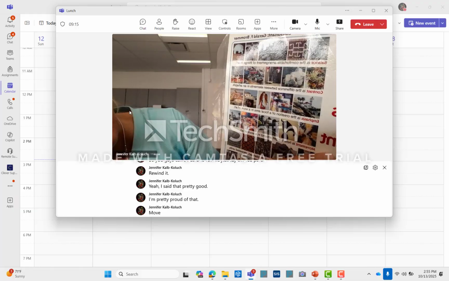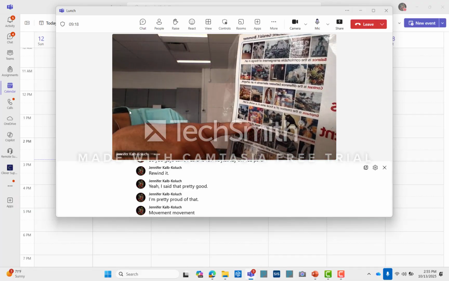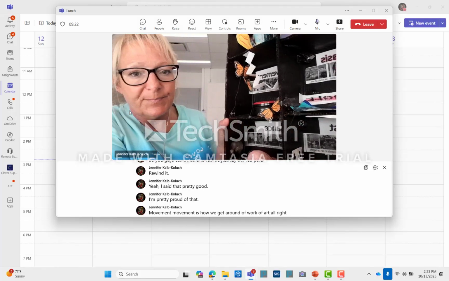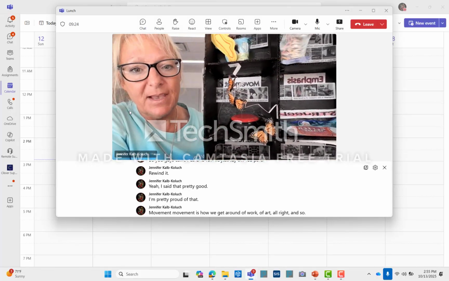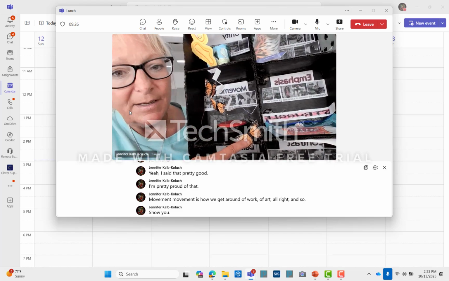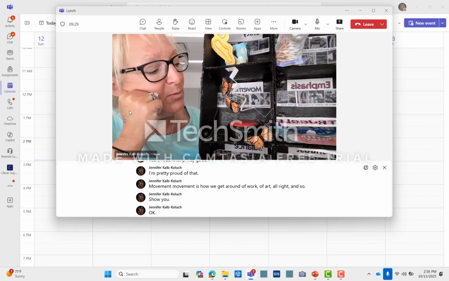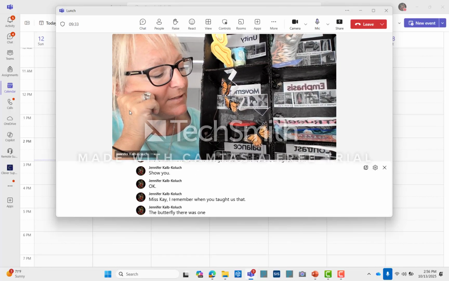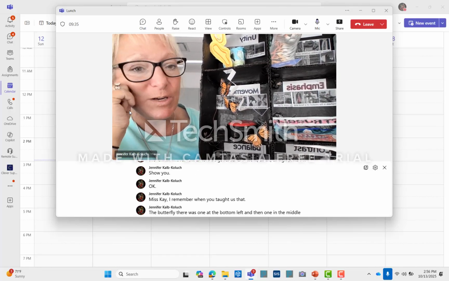Movement. Movement is how we get around a work of art. All right. And so let me show you. Miss K, I remember when you taught us that the butterfly, there was one at the bottom left, and then one in the middle, and then one at the top right.